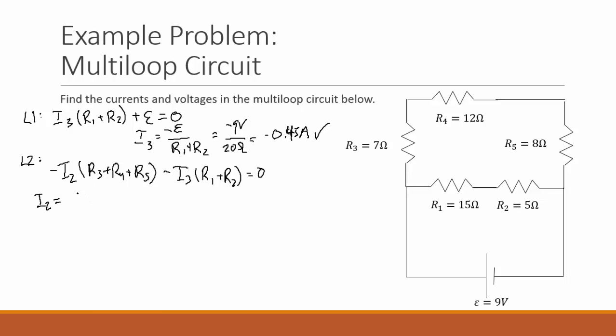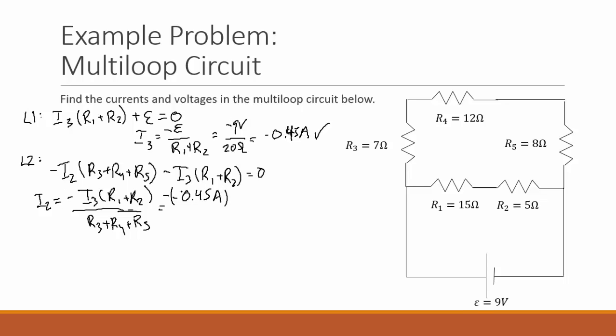I2 is now equal to, if I move this over, it becomes positive. I'm going to subtract a negative number. Overall, this is now negative I3 times R1 plus R2, over R3 plus R4 plus R5, which is minus 0.45 amps. Excuse me, that's the value. I still have a negative sign left over.